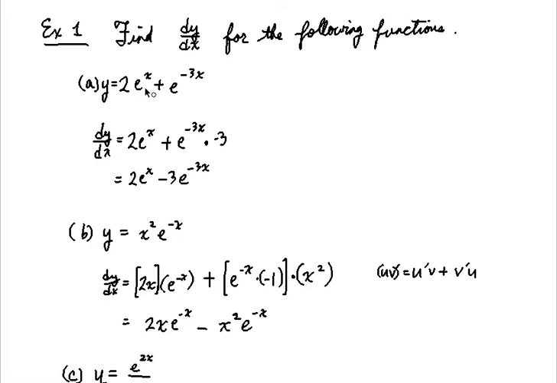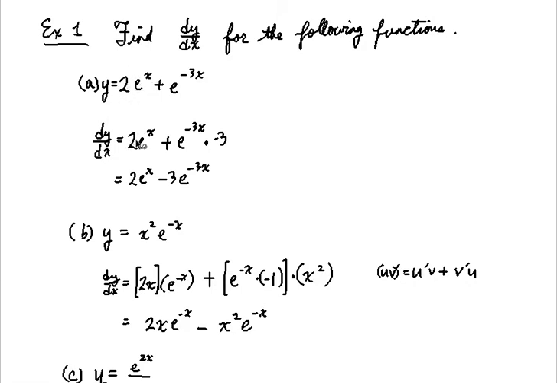Y equals 2 e to the x plus e to the minus 3x. You can see here that I have an e to the x and I have an e to the f of x. They're separated by a plus, so I'm going to take the derivative of this separately and just add those two. Since 2 is a constant, that doesn't change when I derive this term.